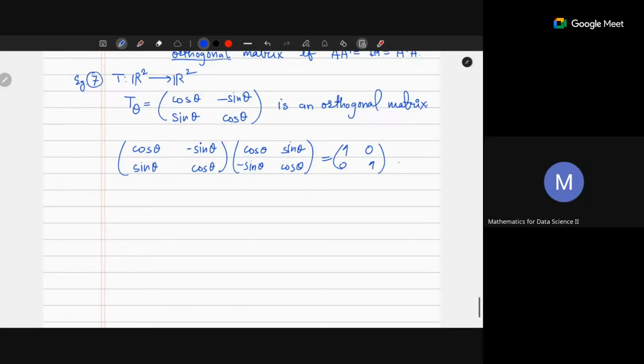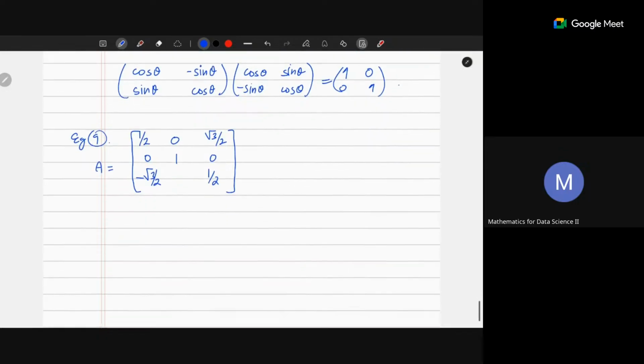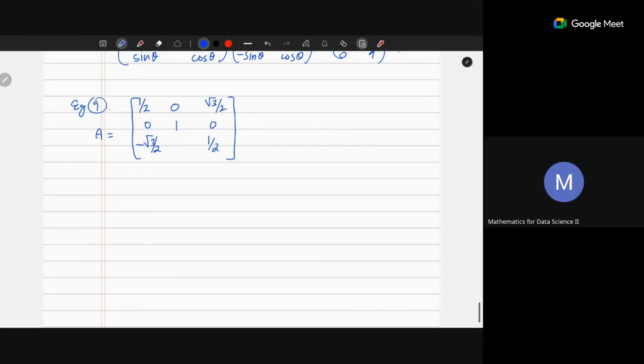Another example of an orthogonal transformation could be this, which is again taken from the rotation matrix of R3, half, 0, 1, 0, half. So check that this is also an orthogonal transformation. Okay.